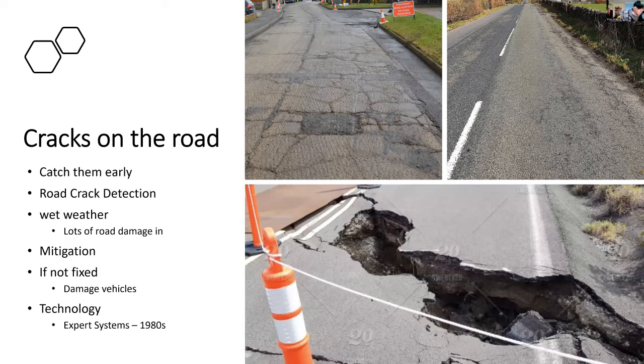We don't want to get to a situation like the one on the bottom, where we've got severe damage to the road. Back in the 1980s, the technology wasn't called artificial intelligence. We were looking at expert systems to try and help us identify cracks.